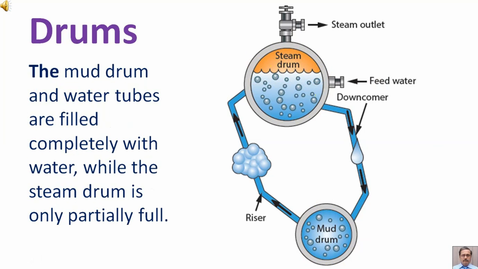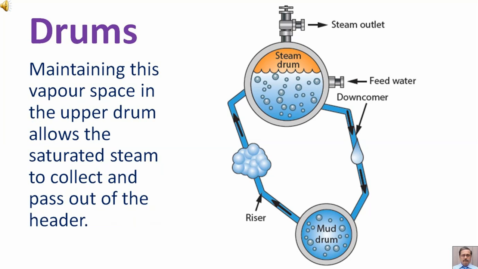The mud drum and water tubes are filled completely with water, while the steam drum is only partially full. Maintaining this vapor space in the upper drum allows the saturated steam to collect and pass out of the header.